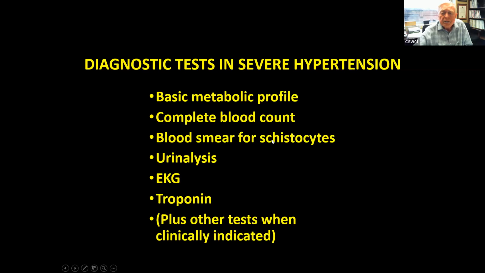And damaged endothelium leads to vasoconstriction and rise in blood pressure. Always get the urine analyzed, do an EKG and a troponin, and there are other tests that may be indicated in special circumstances. For example, if you think the patient has an aortic dissection.